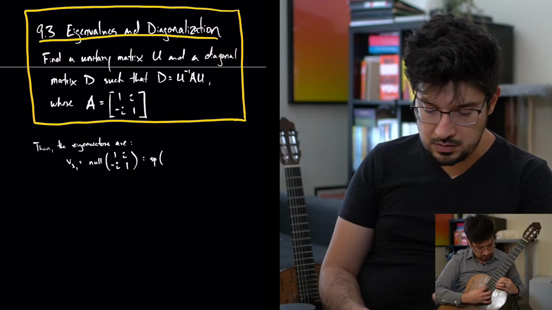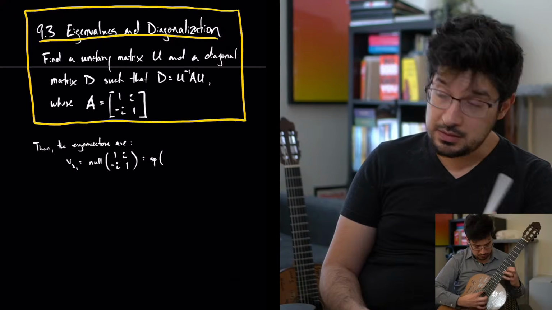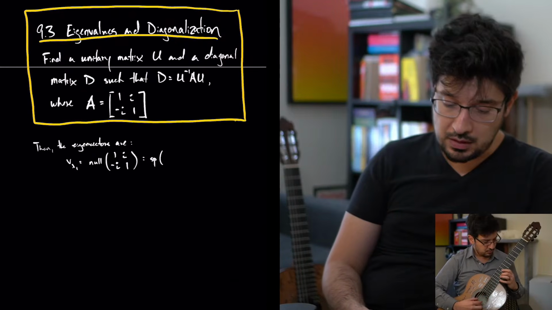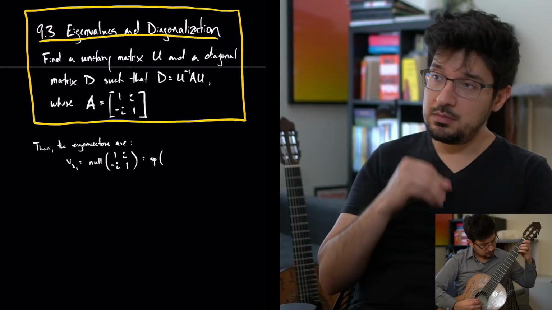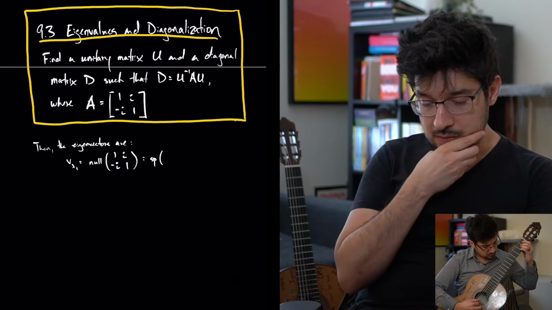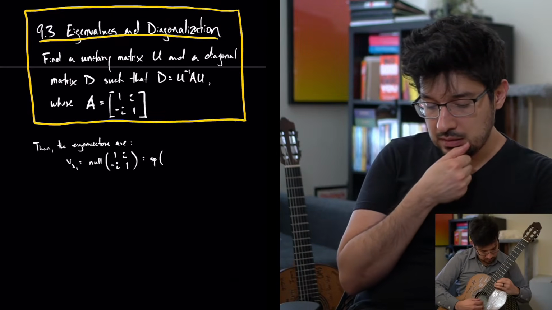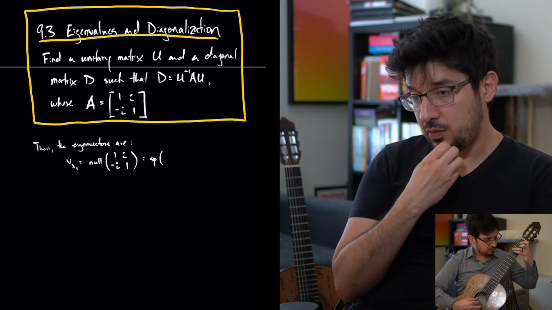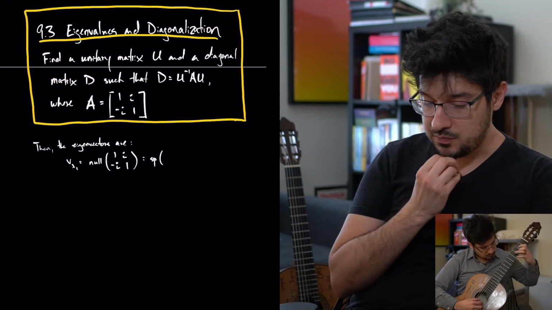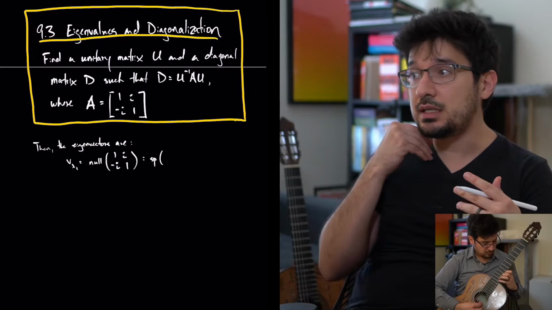So I can see that these two lines are dependent. If you multiply the first line by negative i, then negative i squared is positive 1, and the two lines are identical.